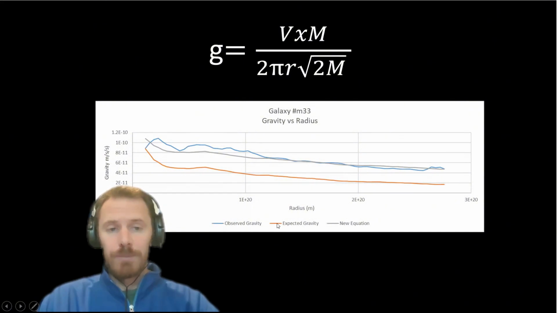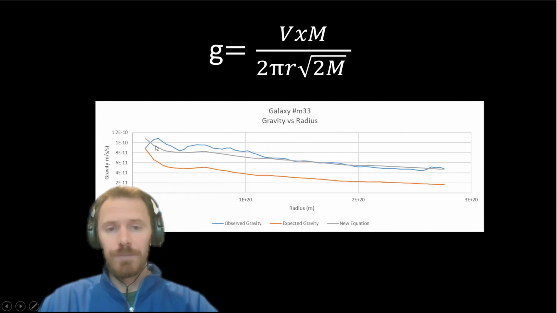The orange line is the expected gravitational acceleration of that galaxy calculated from the visible mass of that galaxy. You can see there is a significant difference between the blue line and the orange line. This is currently accounted for by the addition of extra mass in the form of dark matter.